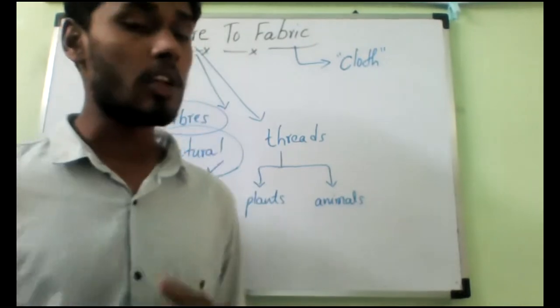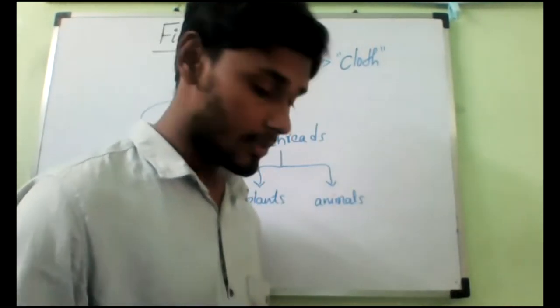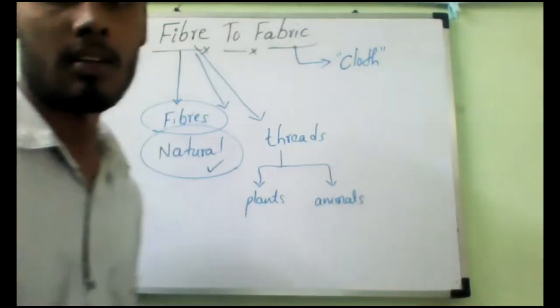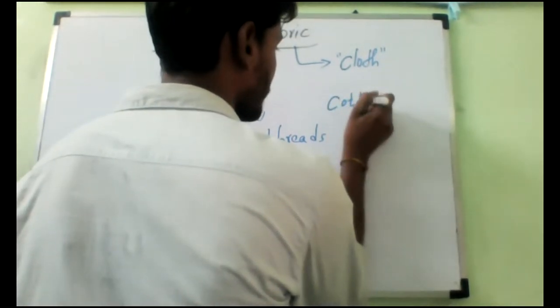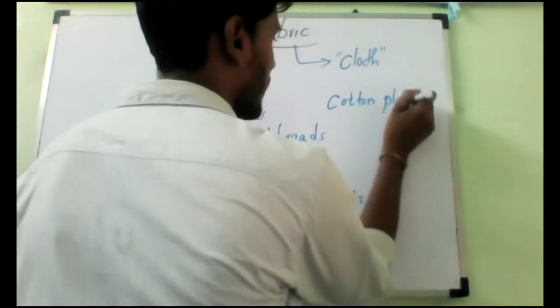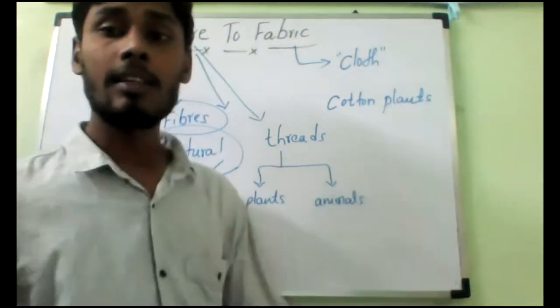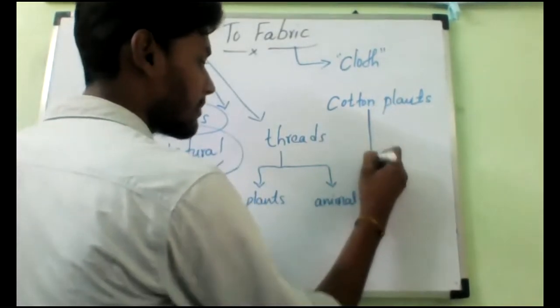We already studied in lower classes how we can obtain fibers from plants which are used to make cloth. For example, cotton. Do you know cotton plants? Yes, sir. These cotton plants give us a fiber called cotton fiber, a natural fiber.